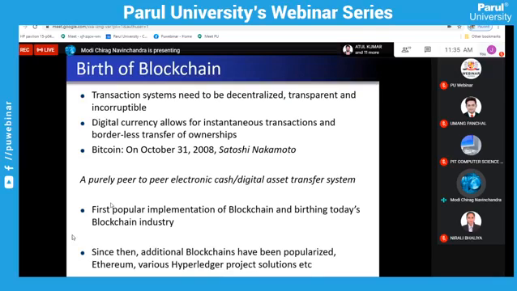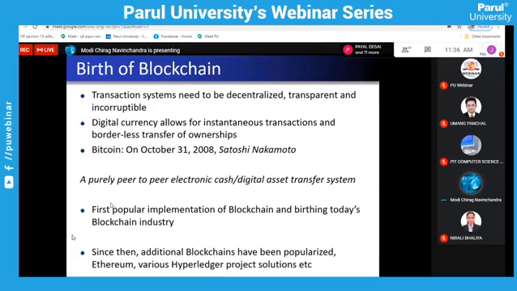Bitcoin was proposed on October 31st, 2008 by the author Satoshi Nakamoto. This was the paper presented by an anonymous author, and Bitcoin is a purely peer-to-peer electronic cash or digital asset transfer system.